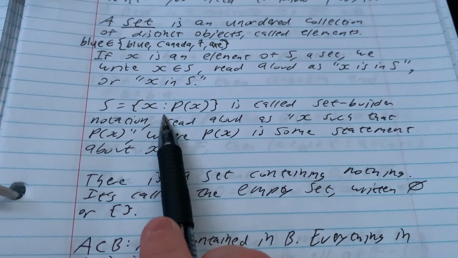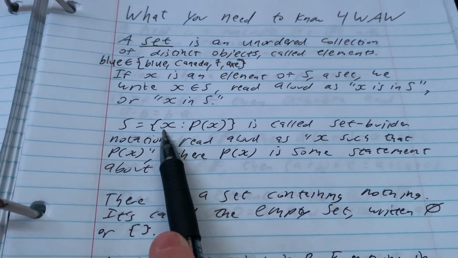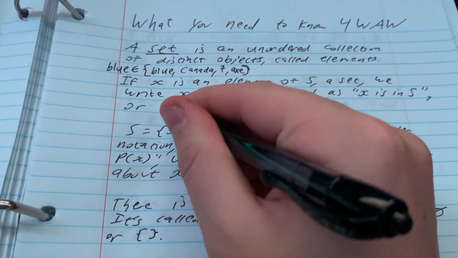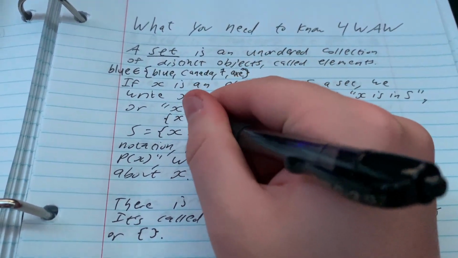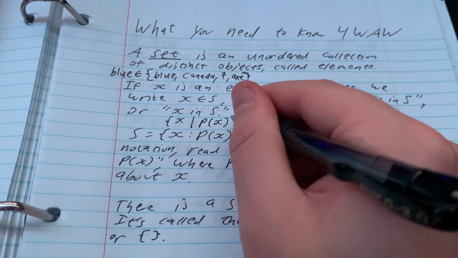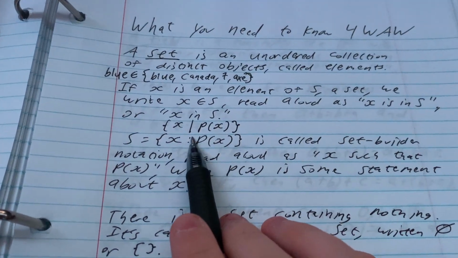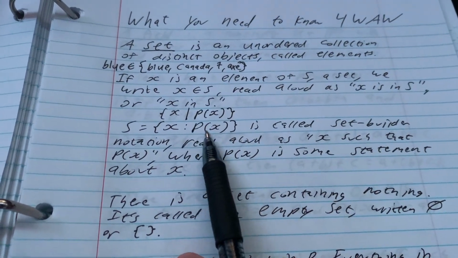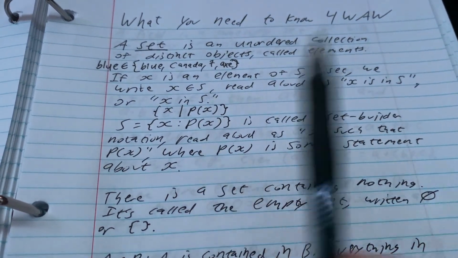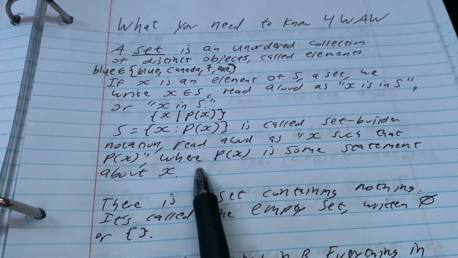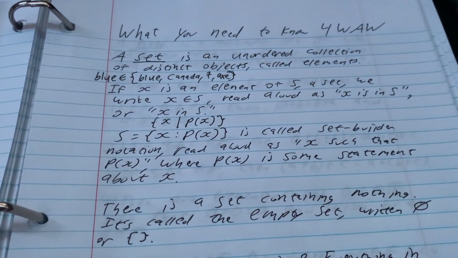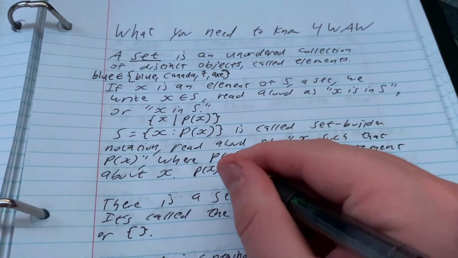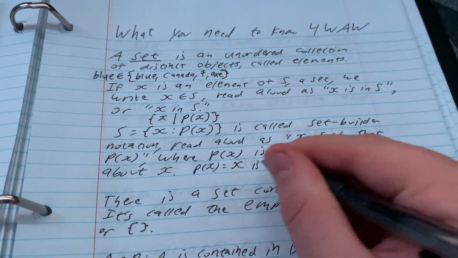This is what set builder notation looks like. x such that, this is a colon. Also, you might see this written as x such that P of x. This vertical bar and this colon mean the same thing. They both mean such that. This is called set builder notation, where P of x is just any statement about x. So P of x could be x is even.